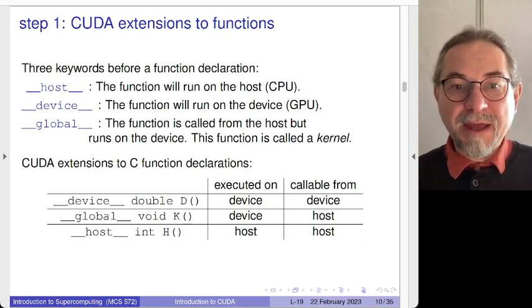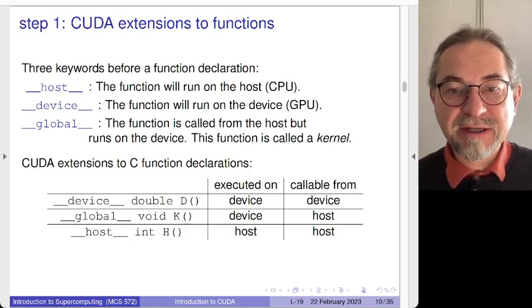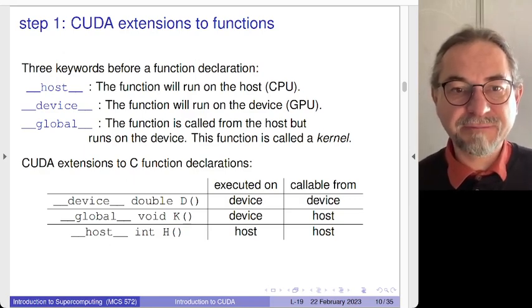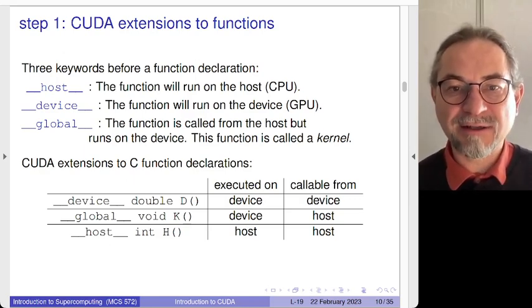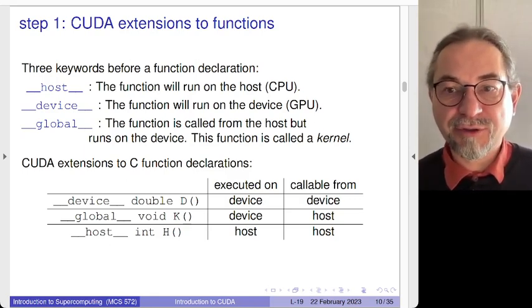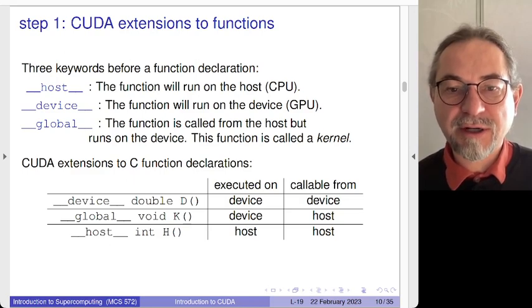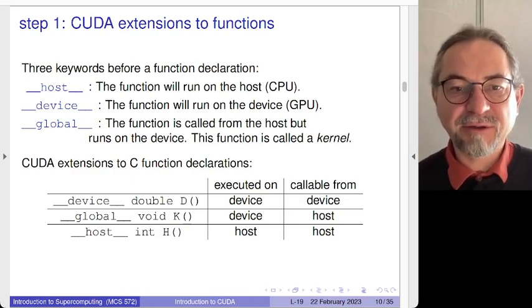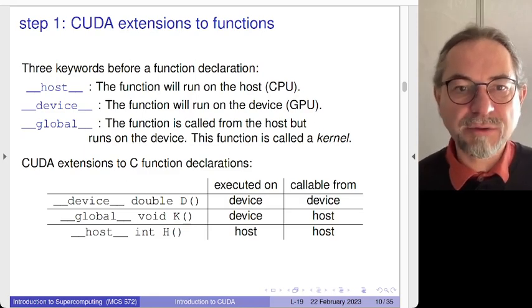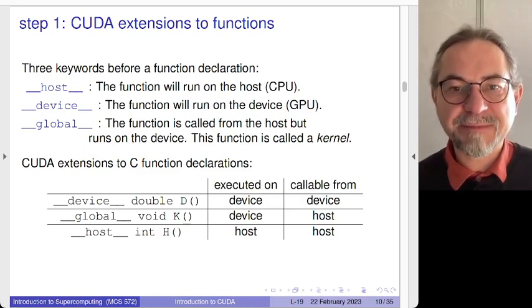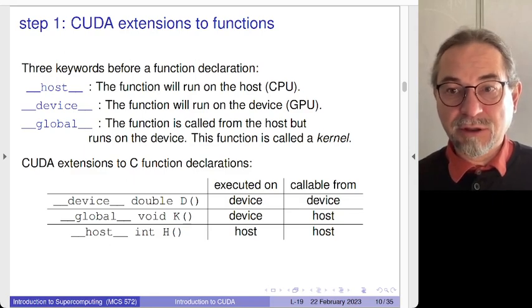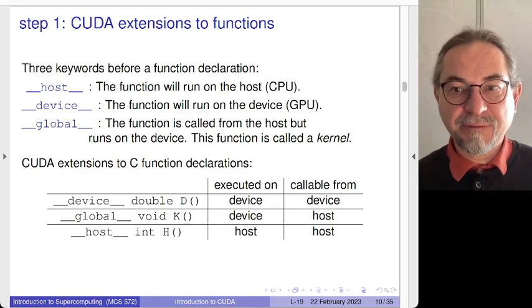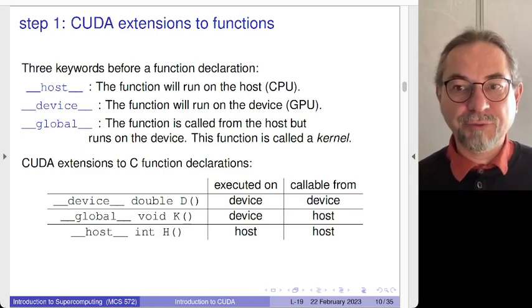Okay, step one. So here you see examples of the host, device, and global. The default is underscore underscore host underscore underscore. So if you leave it off, I don't think it matters. In particular, I only use either global or device. So it's possible to define an entire library of functions that will be used on the device.